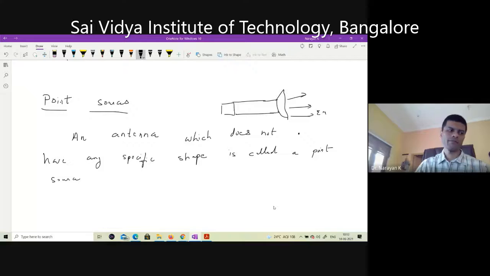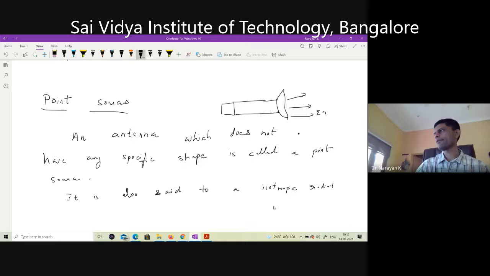It is also said to be isotropic. I'll tell you everything, so don't panic if you get some new words.